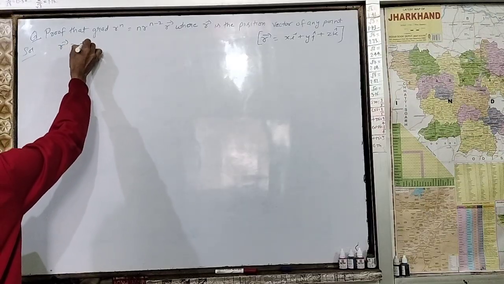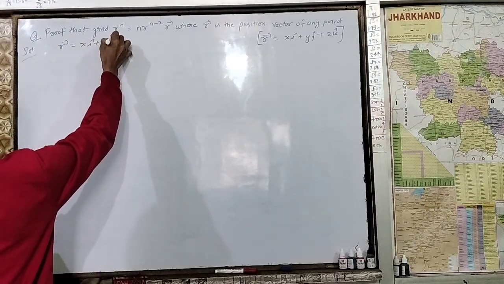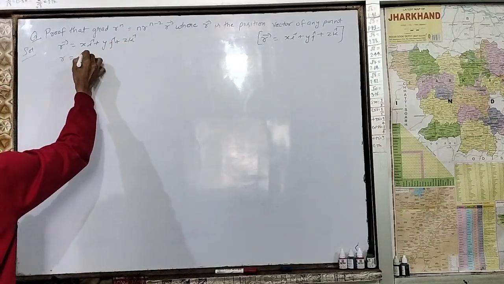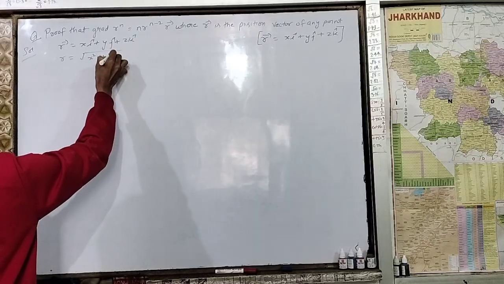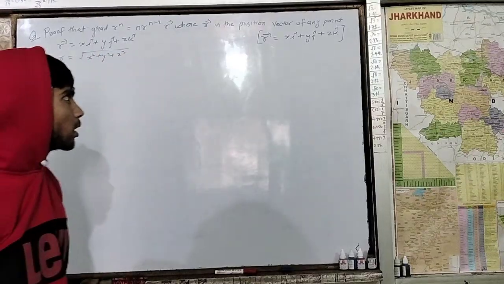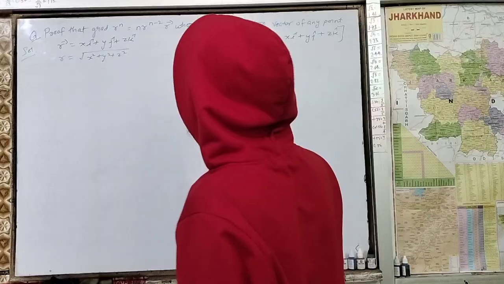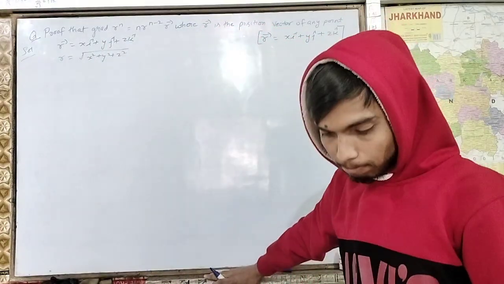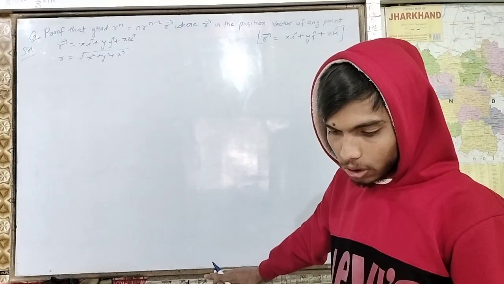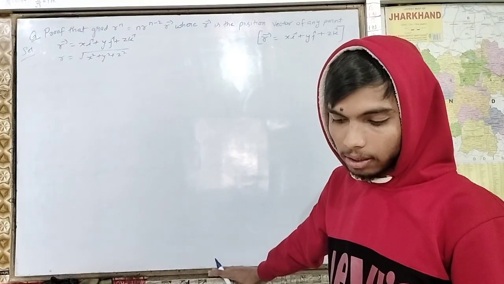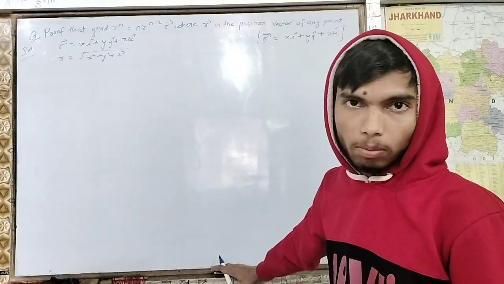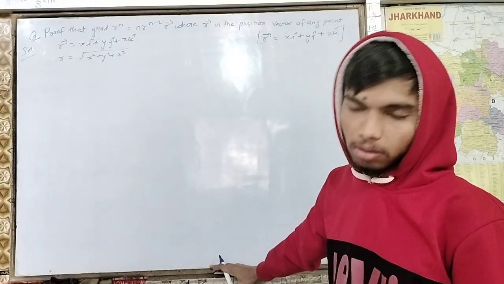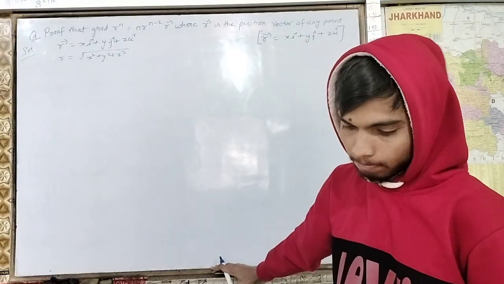This r vector is x i cap plus y j cap plus z k cap. This r can be written as square root of x square plus y square plus z square. Okay, we have found a value of r which was compulsory for this. Okay, so we know that gradient of r^n will be equal to del operator on r^n. We will use the operator.